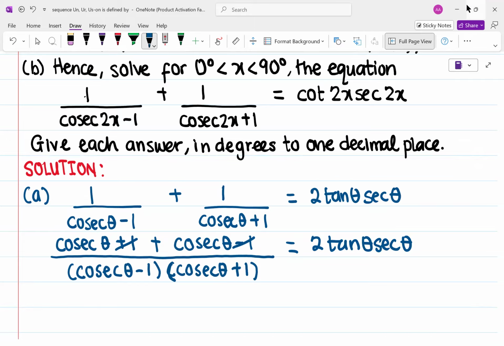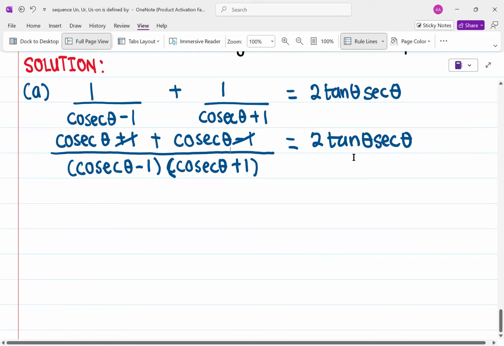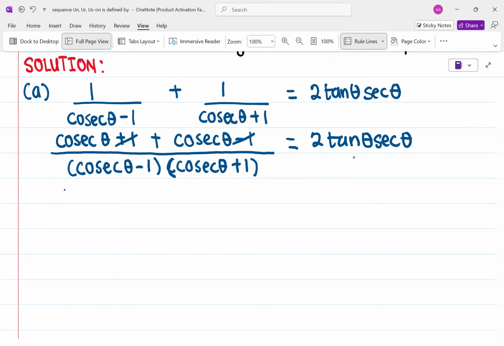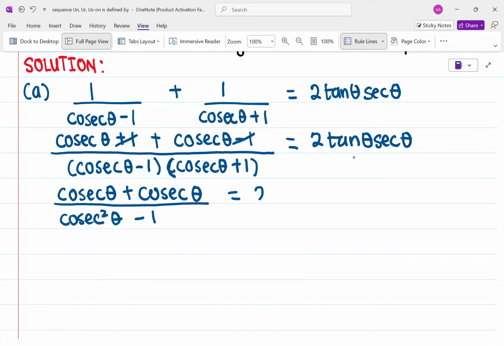If they cancel each other, I will have cosec theta plus cosec theta, everything divided by cosec square theta minus 1, equals 2 tan theta sec theta.